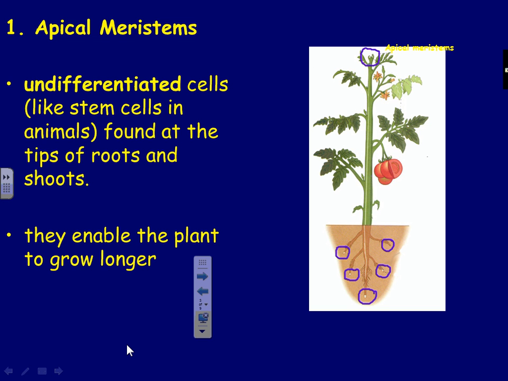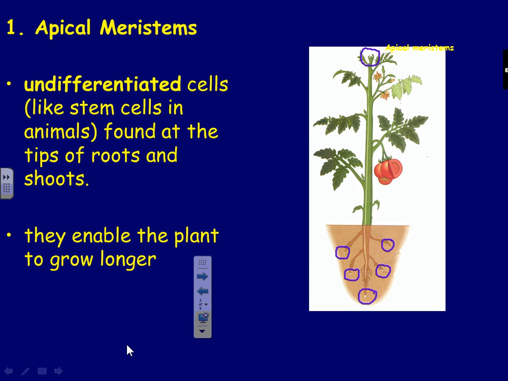They are undifferentiated cells, like stem cells, found in the tips of the roots and the shoots.